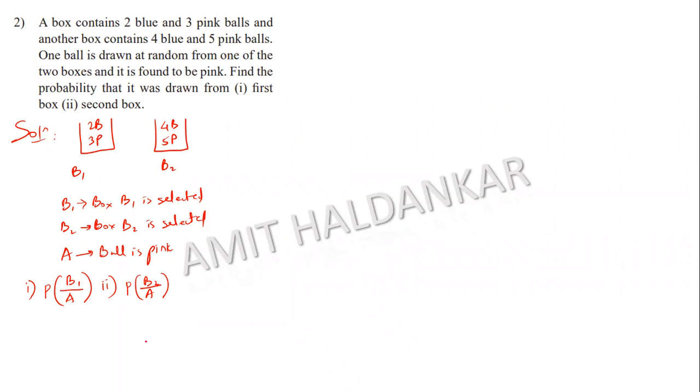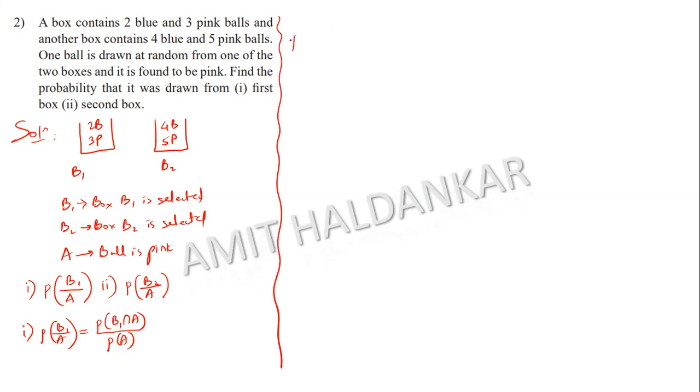Now we'll be using the concept over here. P of B1 upon A: we take A as the sample space, out of which we take the intersection B1 intersection A. So when I say B1 intersection A, I can solve this.